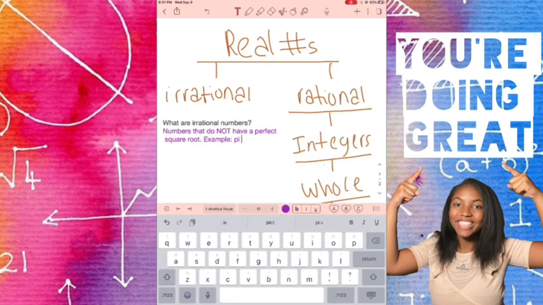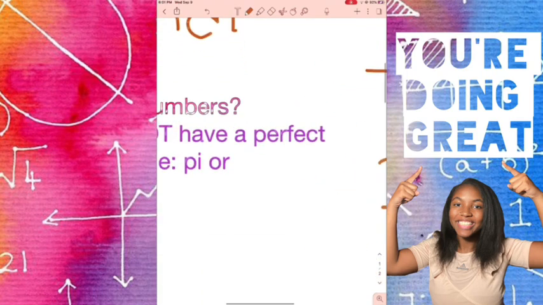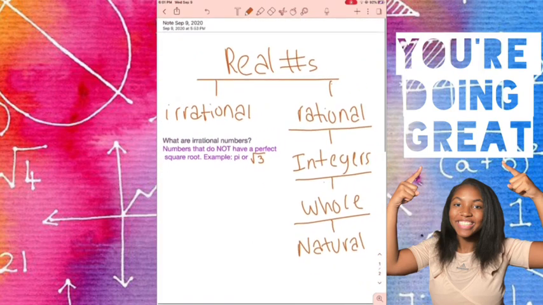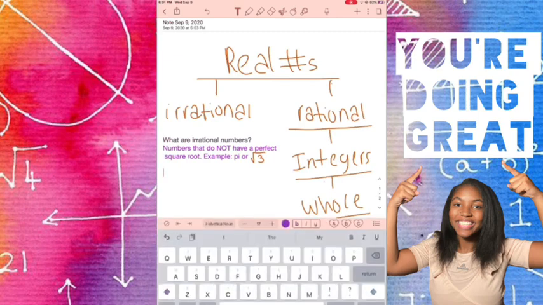But for examples here, it will be like pi, which is a continuing decimal that never ends. It will never perfectly stop. Or just another quick example would be the square root of 3, because nothing times itself is 3.